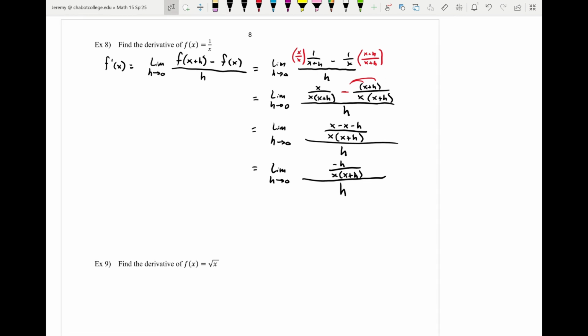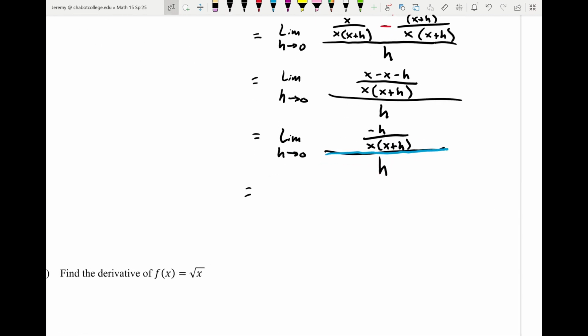All right, so now I think that we can get out of this fraction and a fraction issue. The way I usually do this is, we have this main fraction bar here. The two most common ways is you can multiply top and bottom by 1 over h. That will help cancel out that h down there. Another way that people do, which you're totally welcome to do it this way, is turning the main fraction bar into a division sign. So just to demonstrate another way to do this. So negative h over x times x plus h.